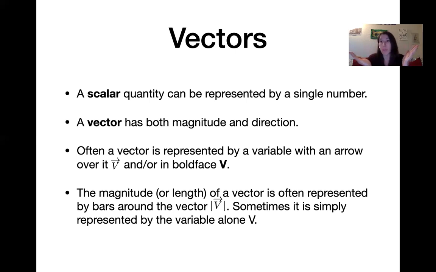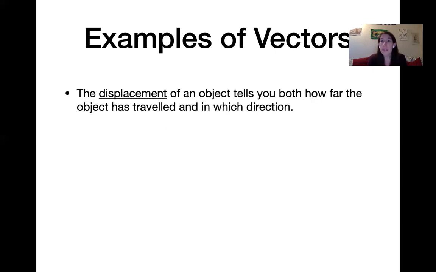The length is just a number, right? The length of something is just a number. And so sometimes people will just drop the arrow to tell you that it is simply the length representing that given vector. So some examples of vectors that we'll see in this class.